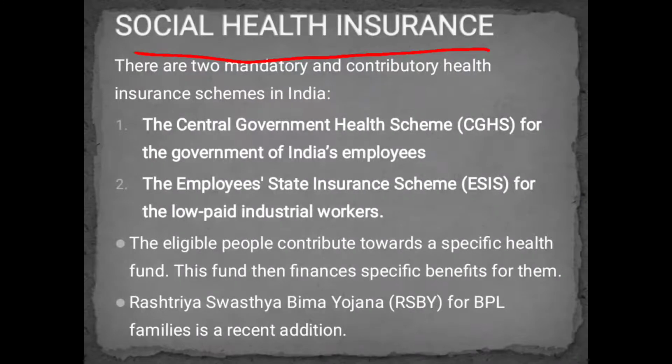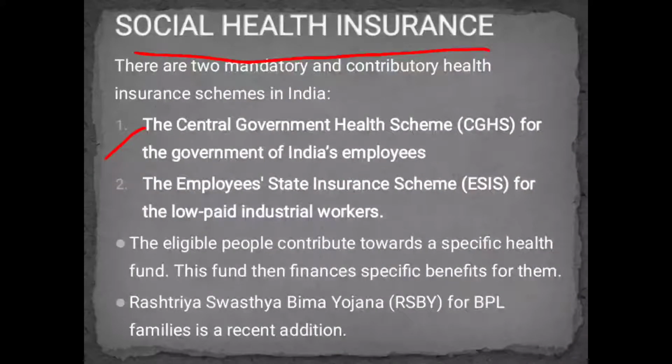There are 2 mandatory and contributory health insurance schemes in India. So in the case of social insurance, we have another 2 types. The first type is the Central Government Health Scheme for the government of India's employees. See, be clear, I'll read once again.